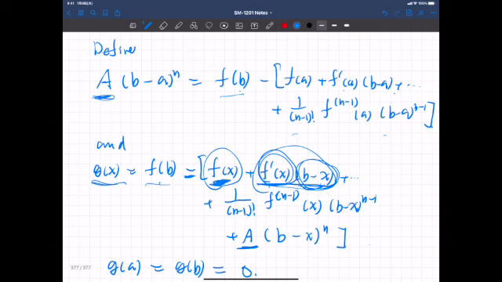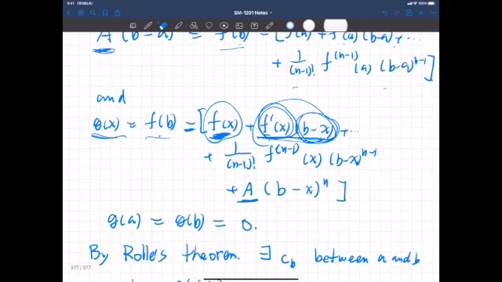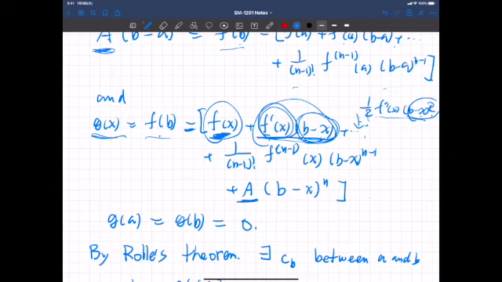And now we have the third polynomial, a polynomial of the second degree. So we have 1 over 2 f double prime of x and (b - x) squared. If you differentiate this part, it will be (b - x) and negative 1, and this 2 will be cancelled by this 2.